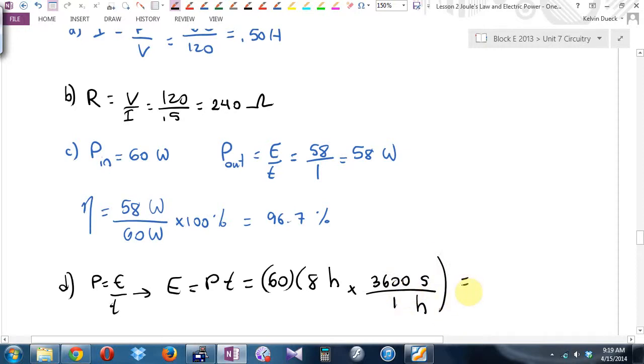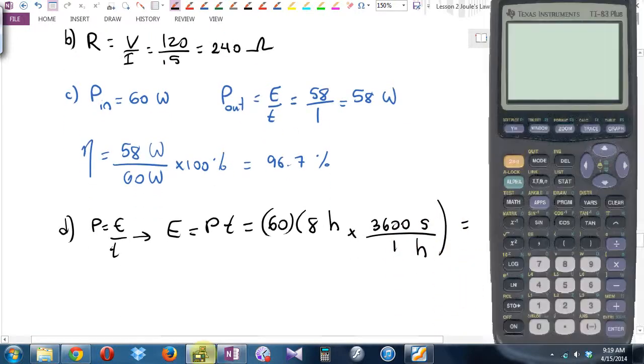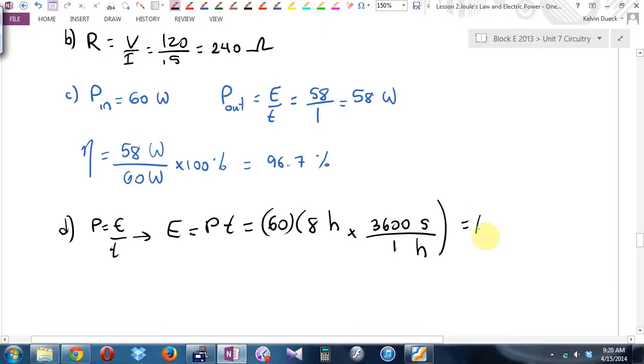How many joules of energy? Uh, 1.73 times 10 to the 6 joules of energy.